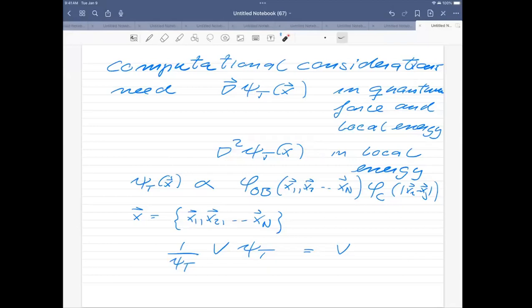So these are important considerations when we are evaluating the local energy, but also when we are evaluating the quantum force, which now is going to reduce this kind of a simple tuning of a stepping size to a more automatic jumping in space. But the price we pay, even if we don't need to waste many samples, is an addition in computational operations, since we have to calculate the gradient of this quantity, the trial wave function.